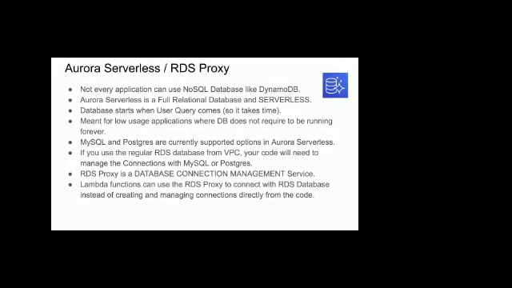But that was a NoSQL database. So let's say you still want to use MySQL or Postgres, but in a serverless way. AWS very recently offered a full relational database as a serverless option as well.